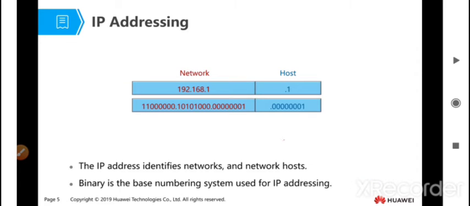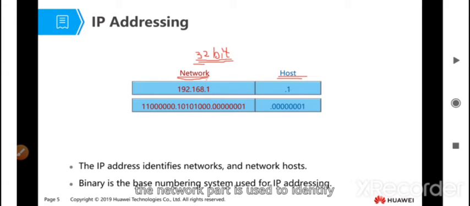And then the IP addressing. An IP address is a 32-bit long value. This is binary. This IP address is divided into two parts: the network part and the host part.